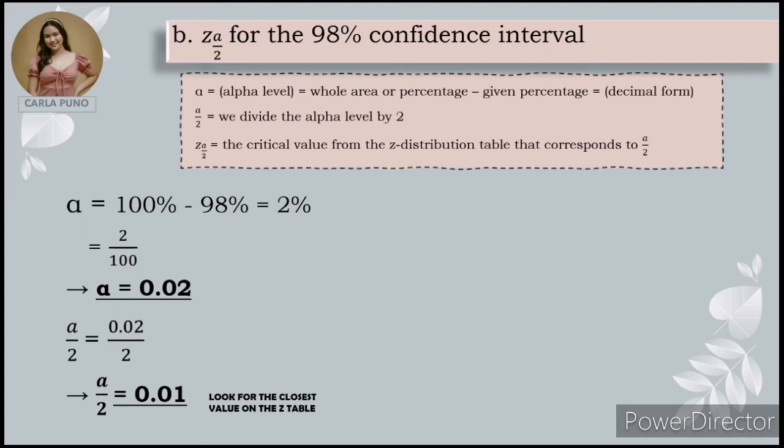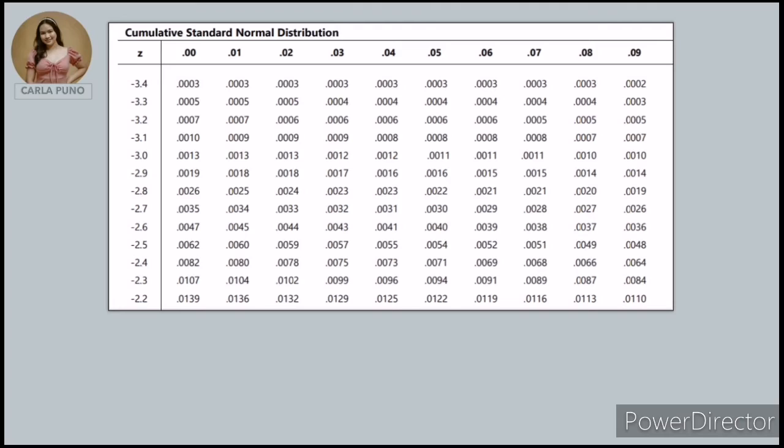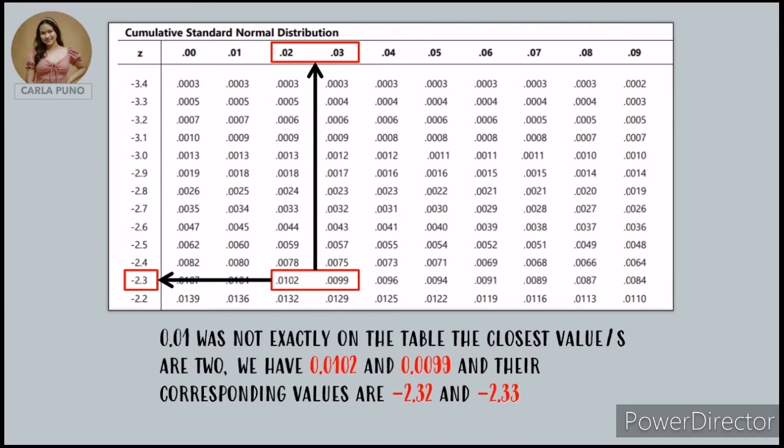And next, we are going to look for the closest value on the z table for our 0.01. Remember, we are looking for the closest value of 0.01. 0.01 was not exactly on the table, but its closest values are 0.0102 and 0.0099, and their corresponding values are negative 2.32 and negative 2.33.